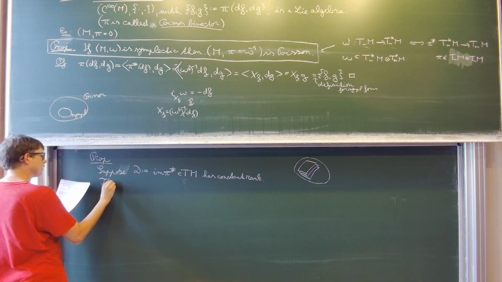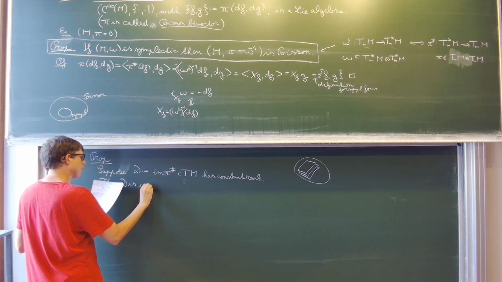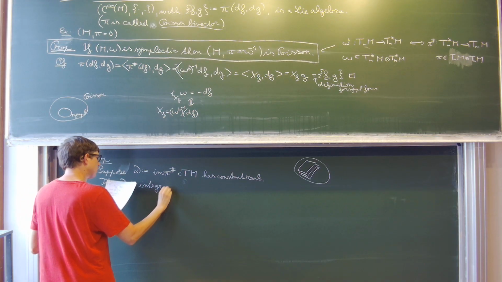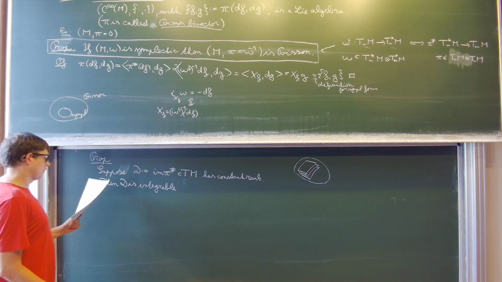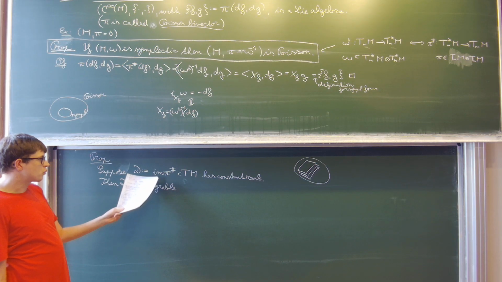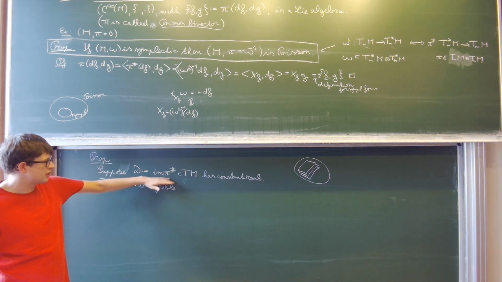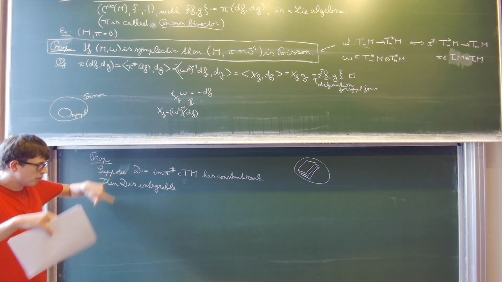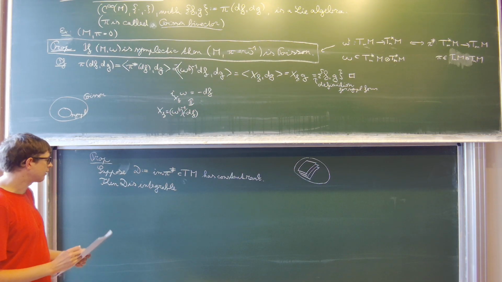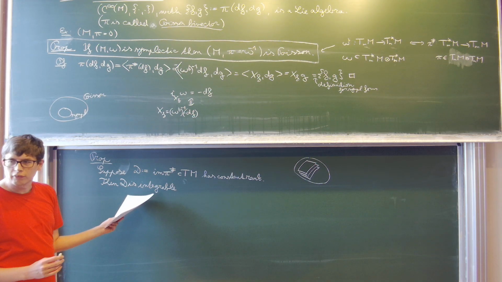Then this is an integrable distribution. Which means that if I take any two sections of this distribution, so any two sections which sit in this subbundle at every point, and I take a bracket of them, then it will also be a section. Maybe I should call it involutive, but integrable is probably the same in this context.